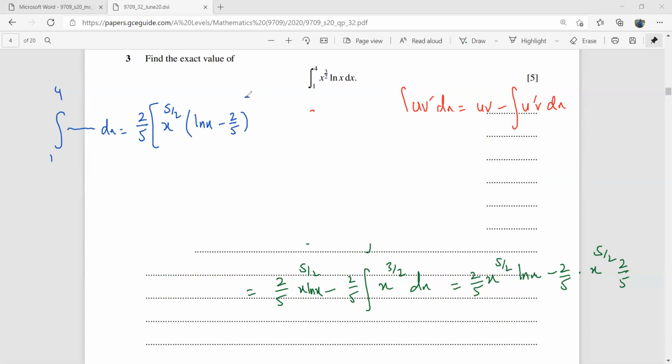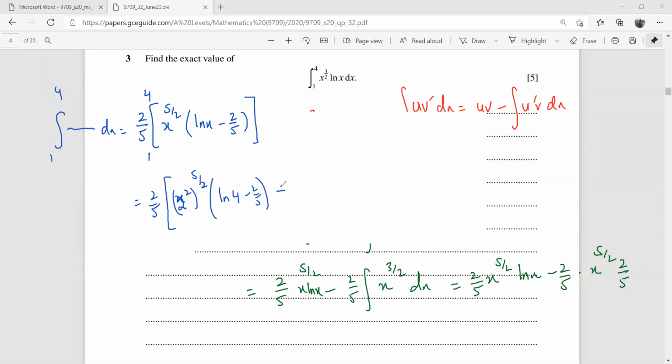Now, please have a look at it very carefully. There should not be any careless mistake now. Please look at it, counter check this. So we have now this 2 by 5 into x raised to power 5 by 2, into 4. Oh, this is going to be such a big power. Sorry, this is not x, this is 4. That is going to be 2 square raised to power 5 by 2 into ln 4 minus 2 by 5.